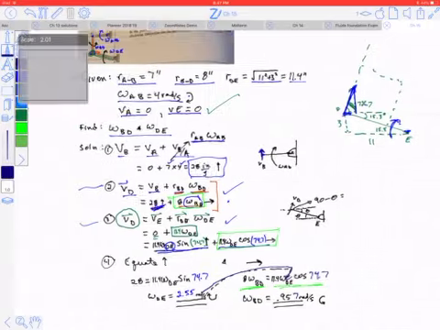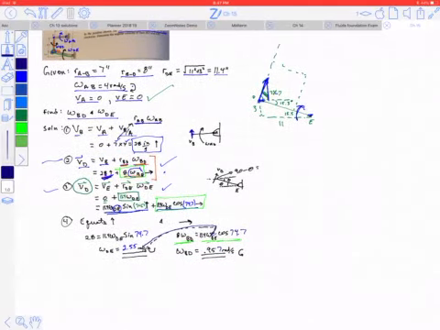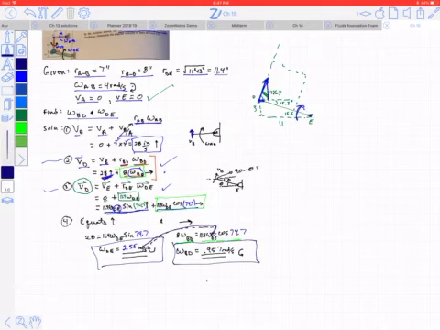So there are our answers. 2.55 radians per second for omega DE and 0.957 radians per second for omega BD.